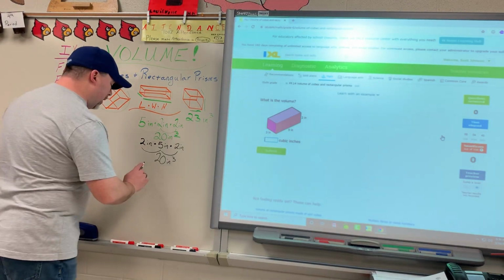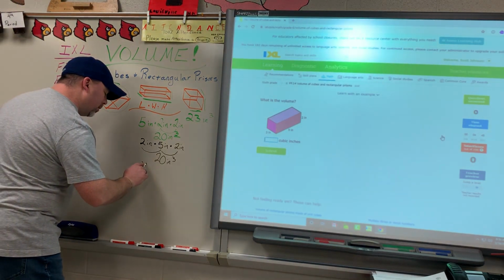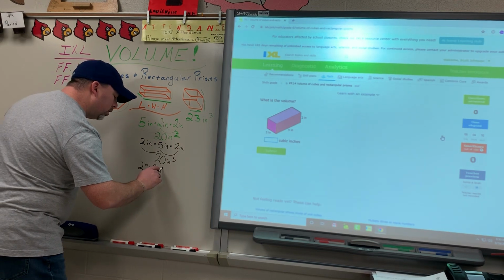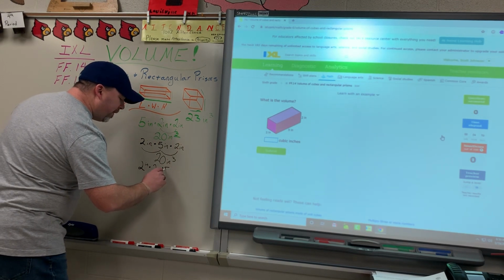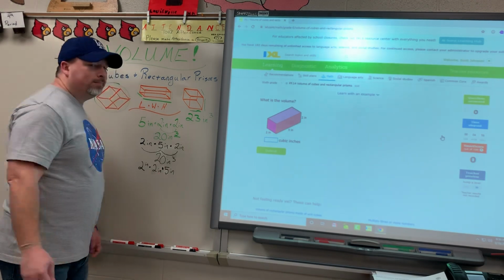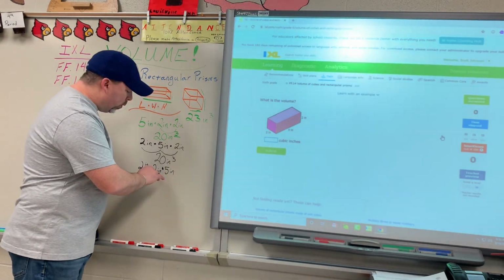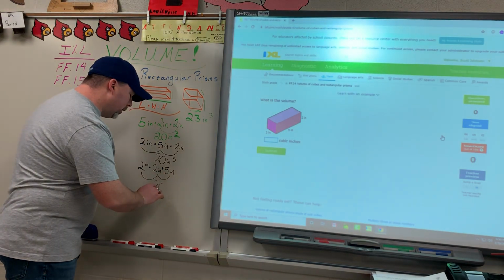What if we read it as 2 inches wide, 2 inches long, and 5 inches tall? Once again, 2 times 2 is 4. 4 times 5 is 20.